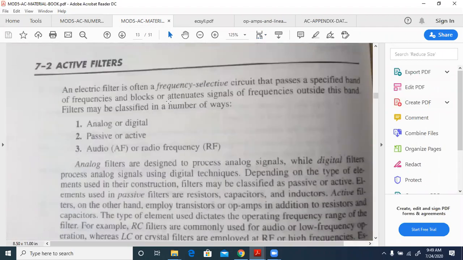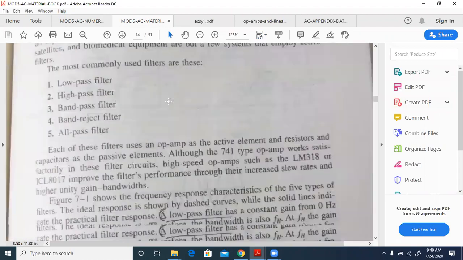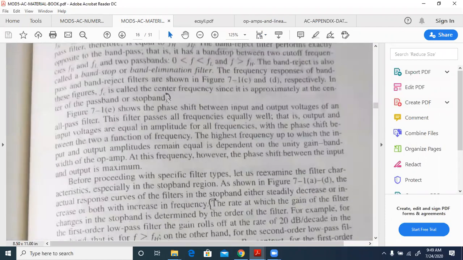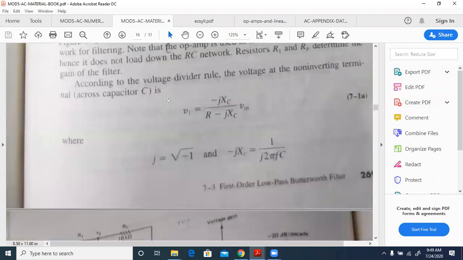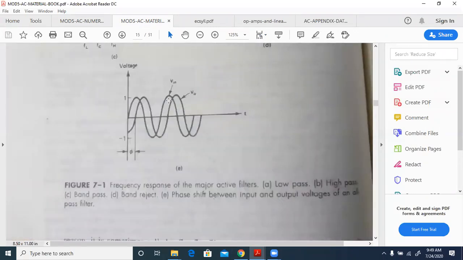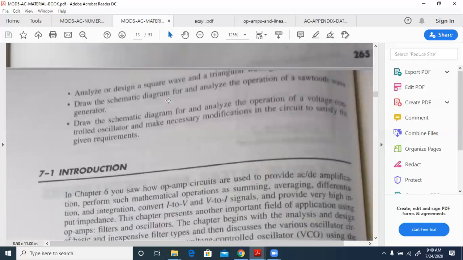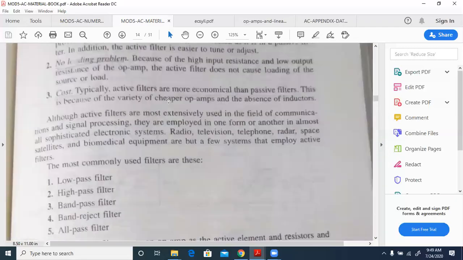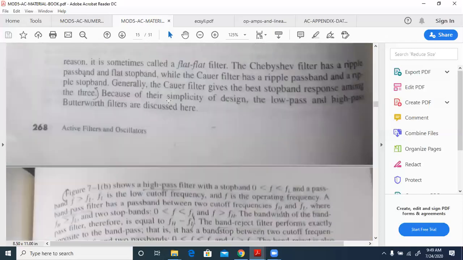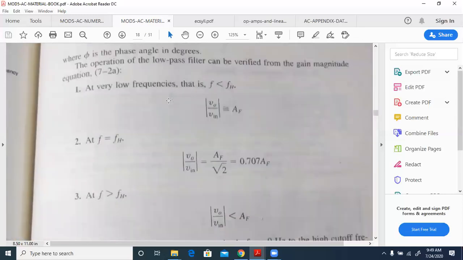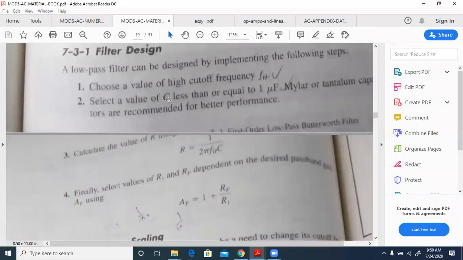Even we can see the procedure of doing that, and then we can see the example either way. Okay, so here we are given the steps.